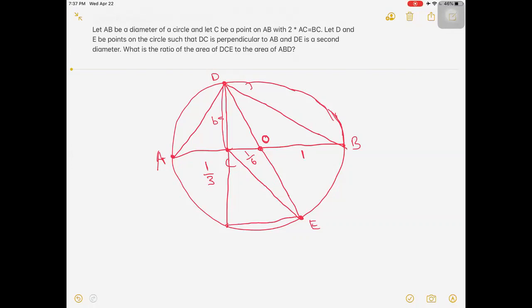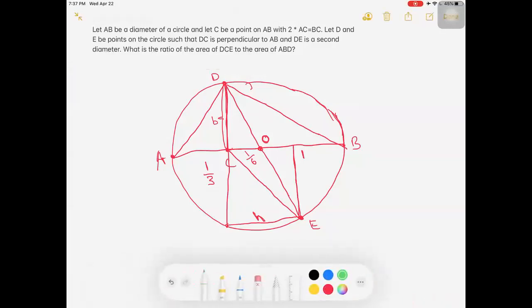So we want to find this distance, h, which is the height. If we draw the perpendicular from E to AB, we see that this triangle DCO, let me use a different color to make it easier to see, this triangle DCO is congruent to this triangle.